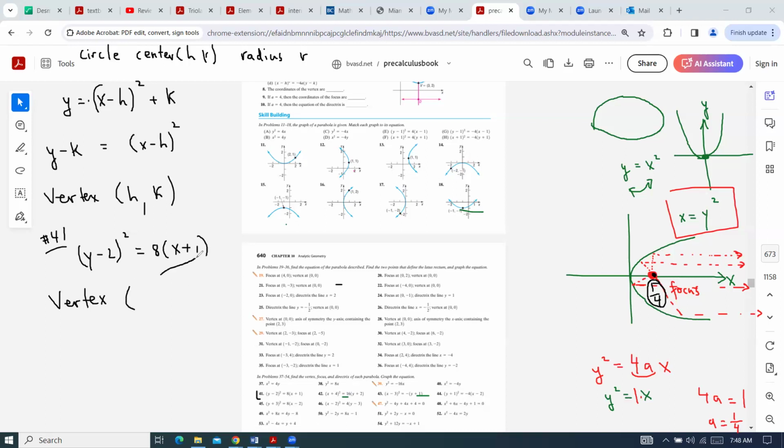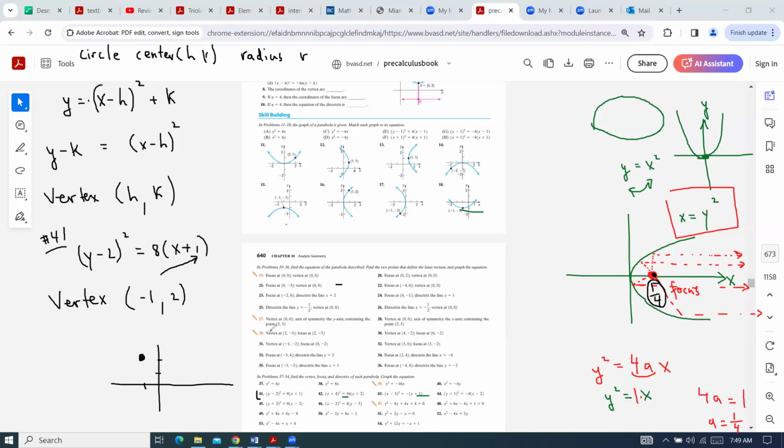For x it is what we subtract from the x variable, and that'd be -1, because we'll always change signs in the parentheses. And the y coordinate will be +2. So we have here a parabola with a vertex at -1 and +2.